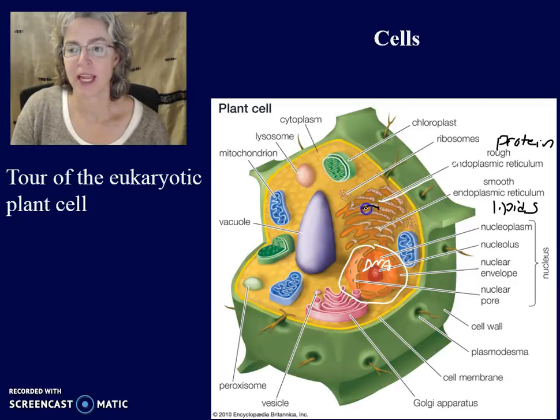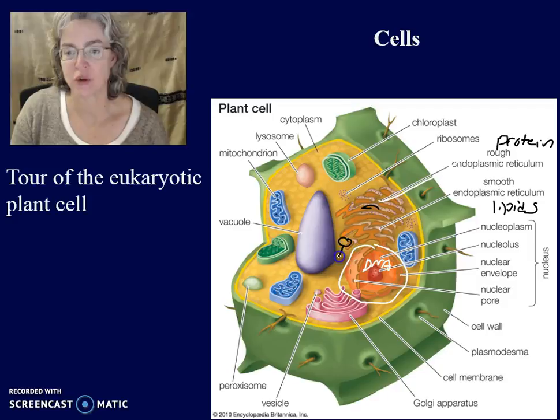And inside the rough ER, that's where the protein is folded up into a three-dimensional shape. And our protein is transported in a transportation vesicle to the Golgi apparatus. Lipids from the smooth endoplasmic reticulum are transported as well.